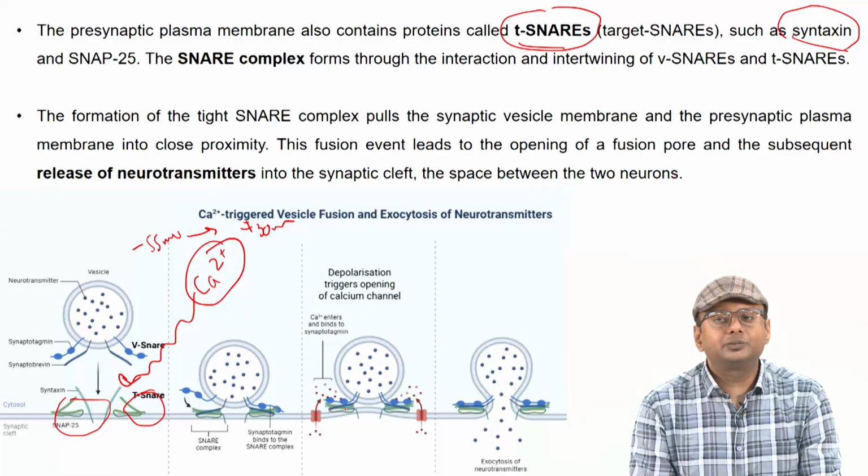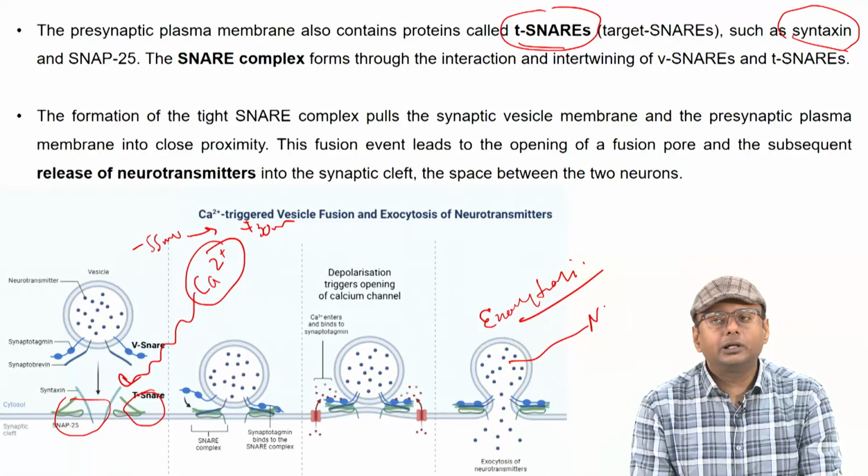Whenever this bridging happens, they pull the vesicles near the membrane, and eventually they fuse, and through the exocytosis process these neurotransmitter molecules come out. So this we already discussed.